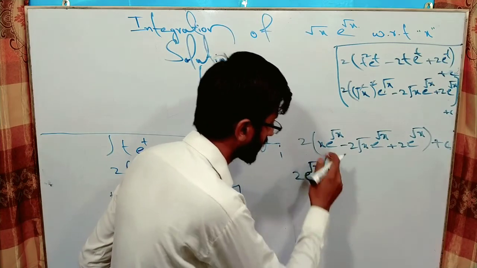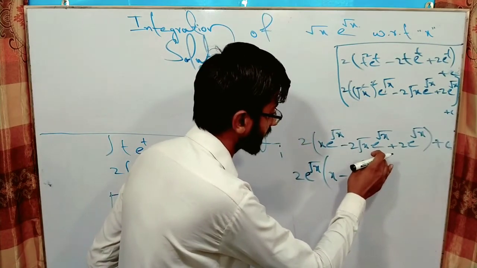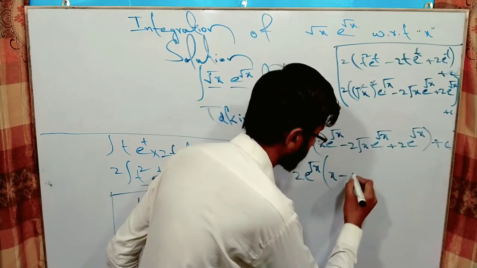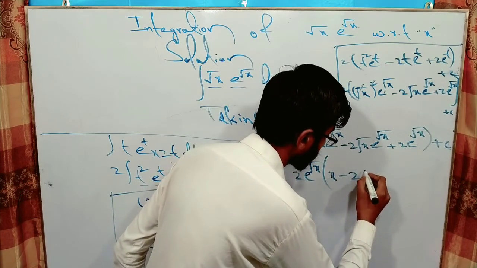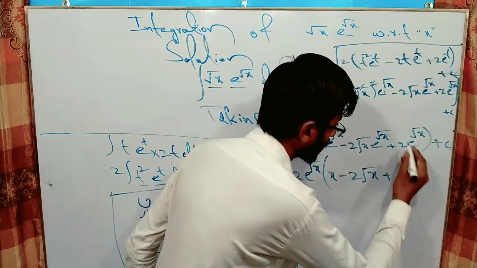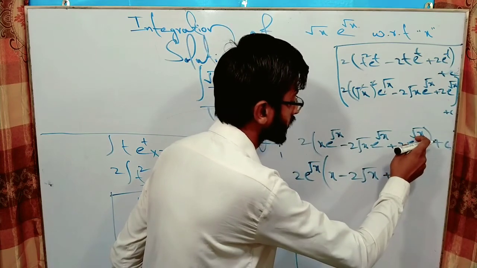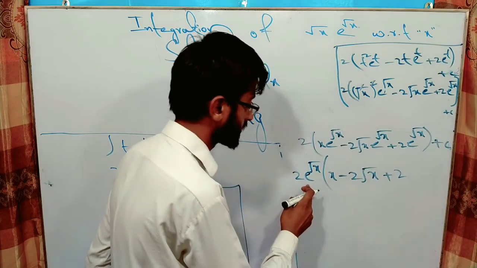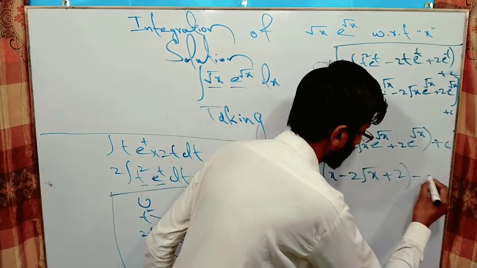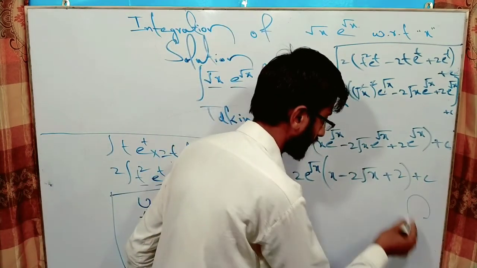So what will be next? x minus 2 under root x plus 2, with e under root x common, plus c. So that one is the answer.